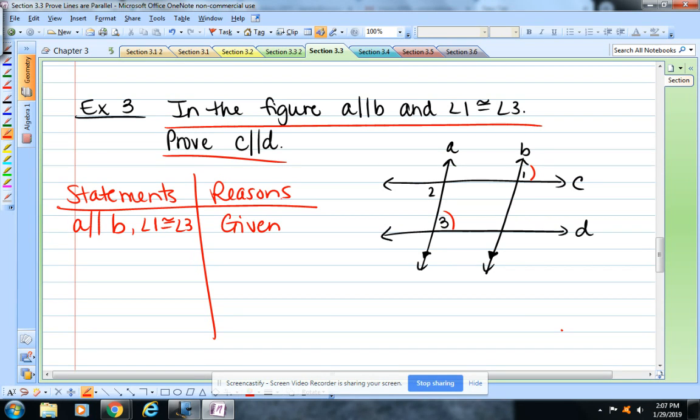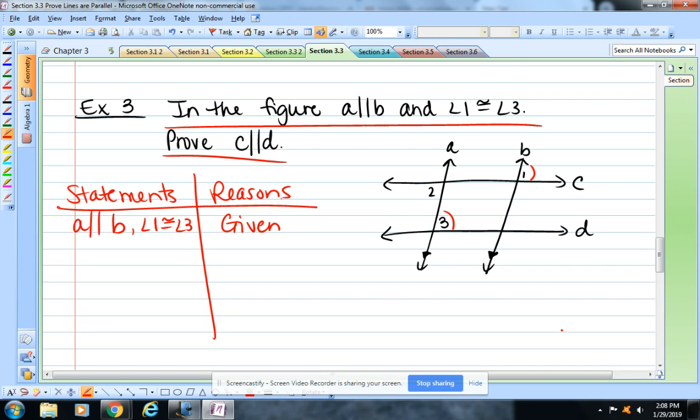And again, if you want to list those as separate givens and have two givens, you can. The book does that a lot. So it's already marked in the picture. If they tell it to you in writing, make sure it's marked in the picture. So it is marked that these two lines are parallel because that's what those little arrows mean. And angle 1 is congruent to angle 3, and those are marked as well. So if they don't mark your given on the picture, then you mark the given.